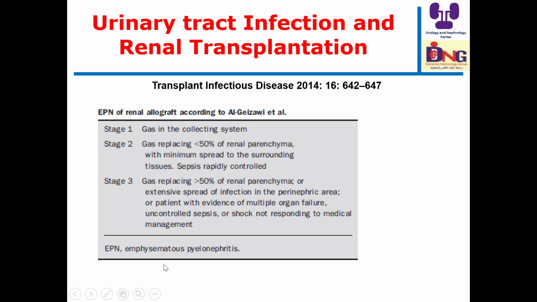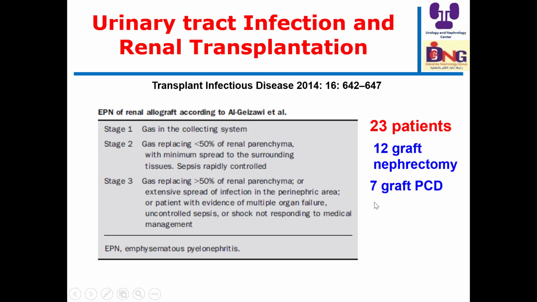The secret of success in management of emphysematous pyelonephritis is in one word: to be vigilant and diagnose early the presence of this catastrophe. In the literature, 23 patients were reported in this article, and 12 cases necessitated graft nephrectomy, 7 graft percutaneous drainage, and 4 patients recovered just with the use of antibiotics. The patients who recovered, sure, were diagnosed immediately.